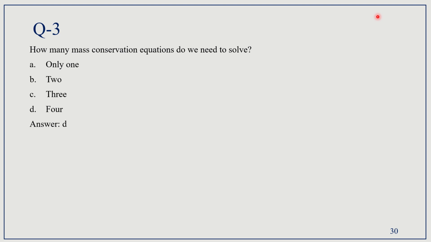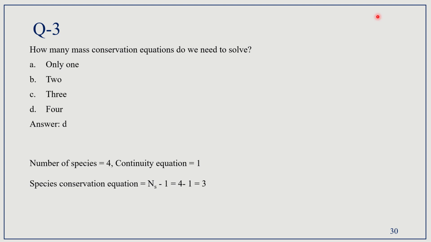So here we would be having one equation from there also. If we take that into account, we can subtract one species conservation equation, that is 4 minus 1.